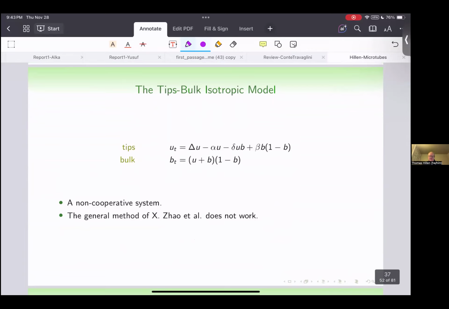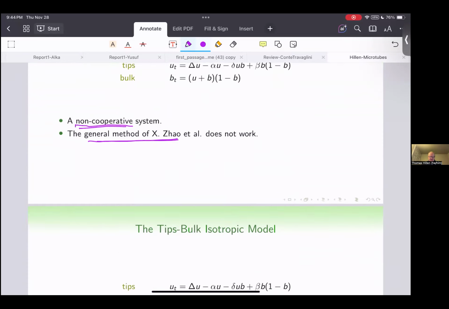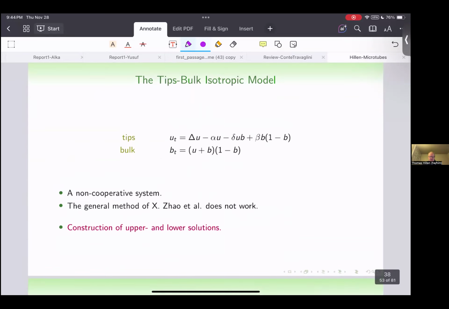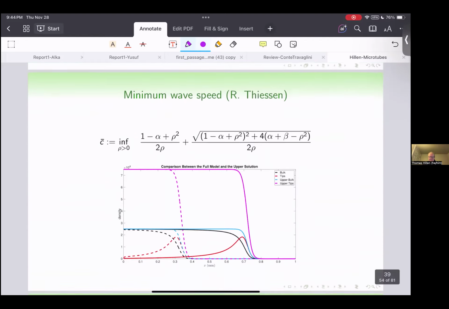So the model is here, tip and bulk. Again, it is a diffusion equation coupled to an ODE, and this is not cooperative. It is a non-cooperative system, so the general method of Zhao does not work, and we cannot directly compute or estimate the wave speed. Instead, Ryan had to find upper and lower solutions for this model so that we can then estimate the invasion speed.